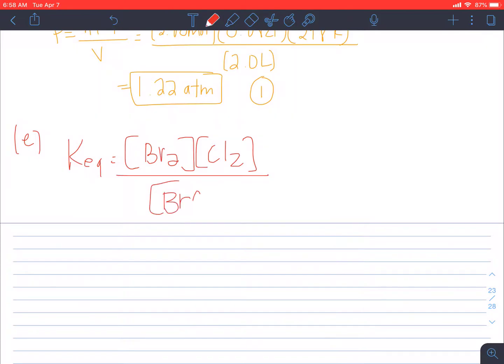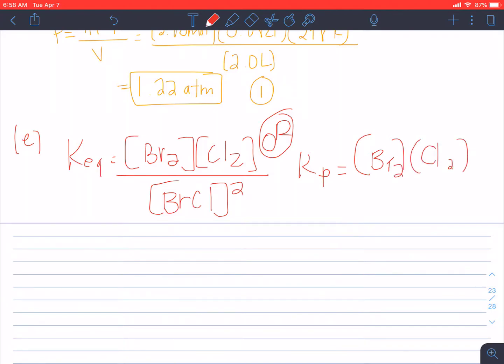They will give you credit for both. So I'm going to do a big fat or. Br2 Cl2 over BrCl squared. It's doing that funny thing where it corrects my lines for me. Don't correct my line. Okay, and this was 1 point.